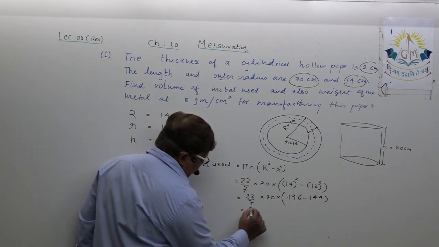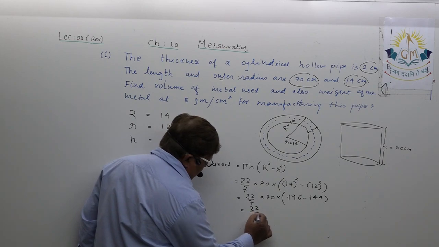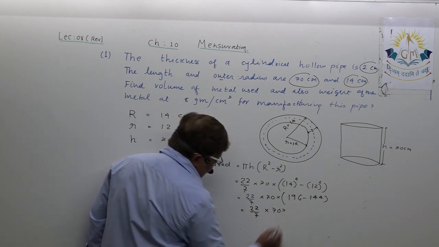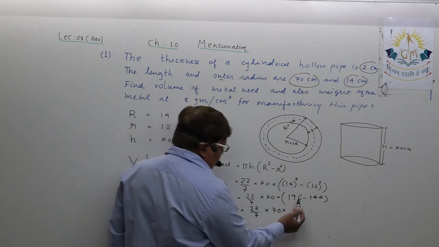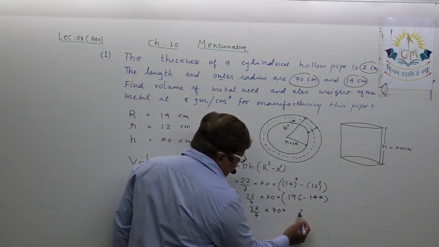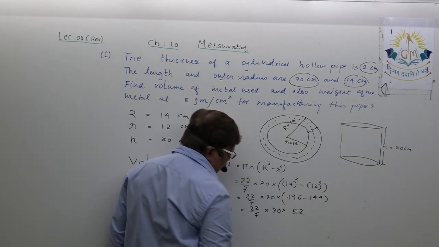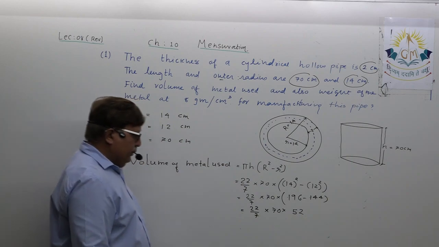So this is 22 upon 7 into 70 into, subtract this, 6 minus 4, this is 2, 9 minus 4, that is 5, 52.